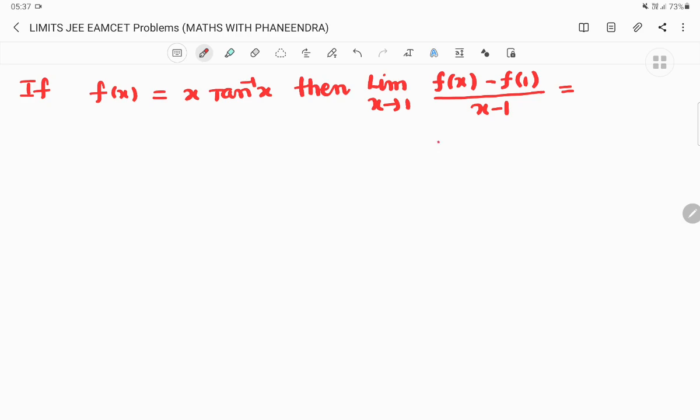Options are, first option pi by 4, second option pi plus 1 by 4, third option pi plus 2 divided by 4, fourth option pi plus 3 divided by 4.